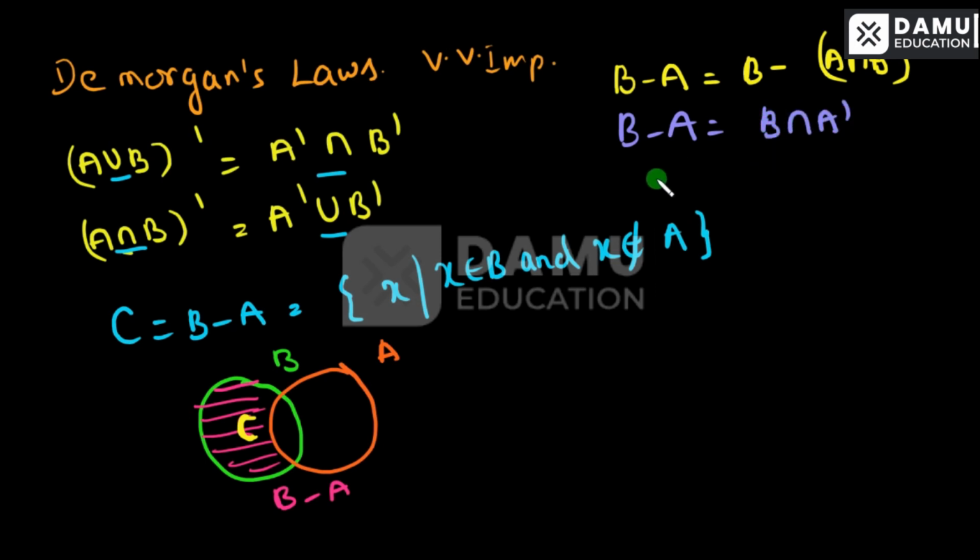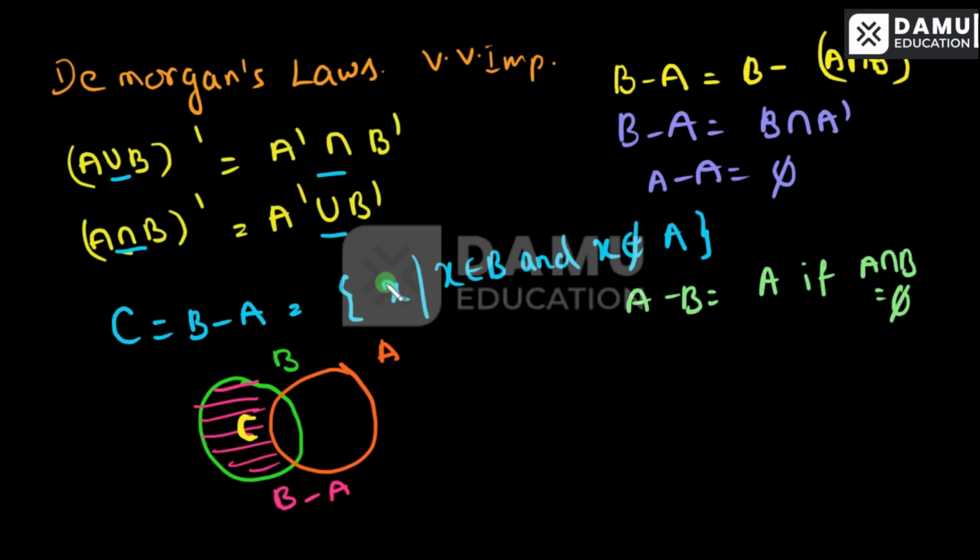Next, A minus A will be equal to phi. Next, A minus B will be equal to A if A intersection B is equal to phi. A minus B is equal to A when A intersection B is equal to phi. There is no common element in both A and B.